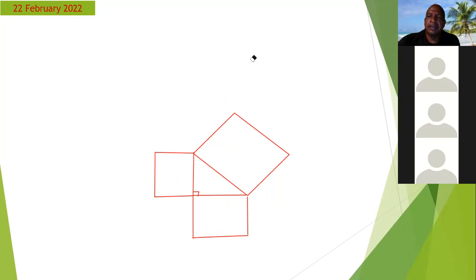So let's say that this side, which is the hypotenuse, was labeled with the letter A. And this side was labeled with the letter B. And this side was labeled with the letter C. Right? Now, what we know is that the area of this square would be A squared.